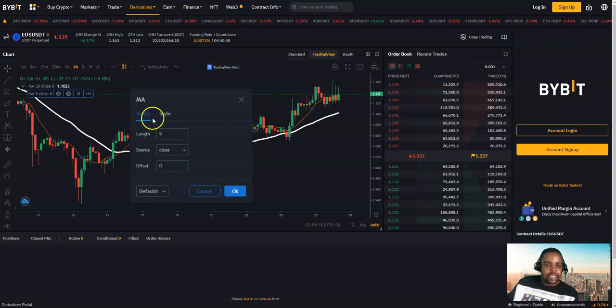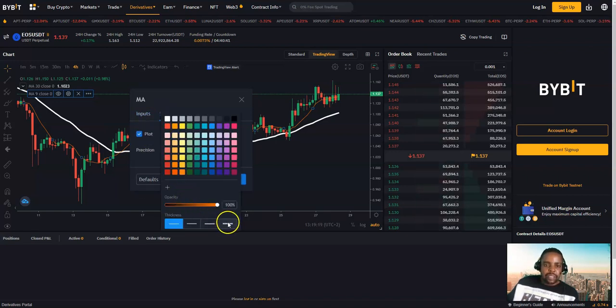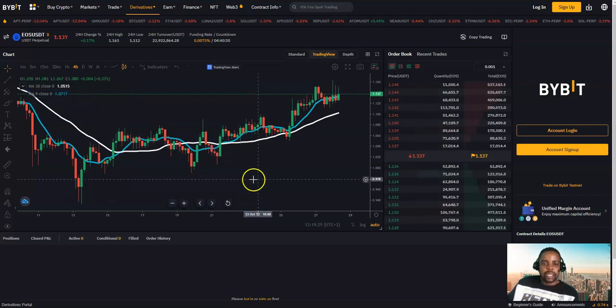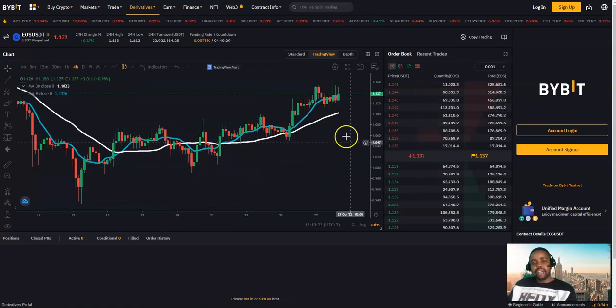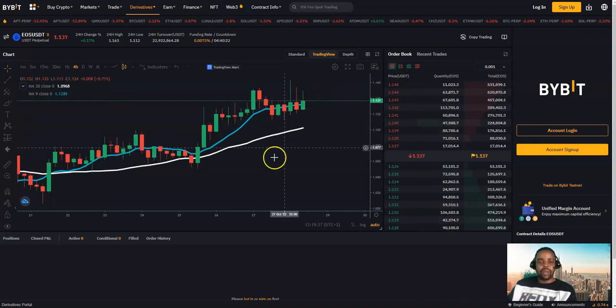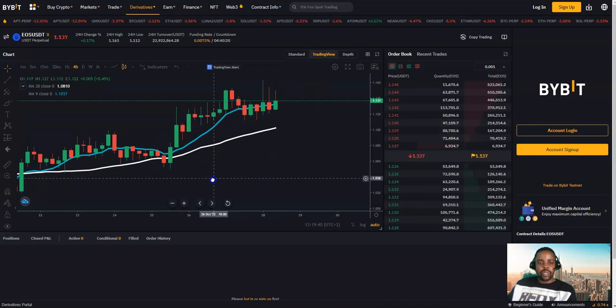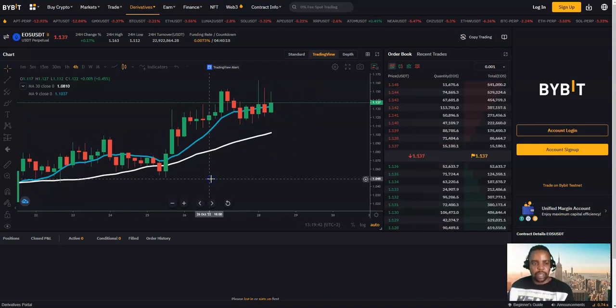I go to style. The color is fine, but I want to make it thick. Maybe make it blue, give it another color. Then I say okay, there it is. One moving average is a 30 moving average, the other is a 9 moving average. So you can see 2 moving averages.